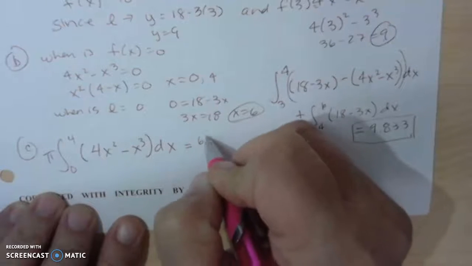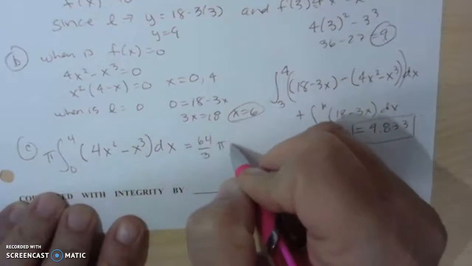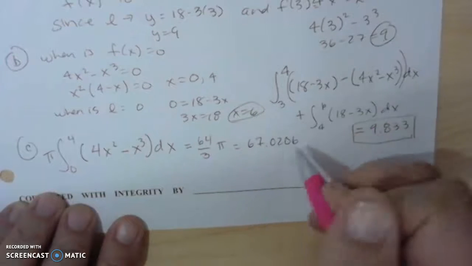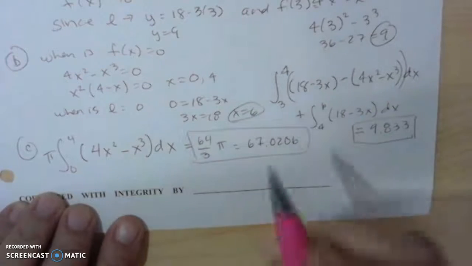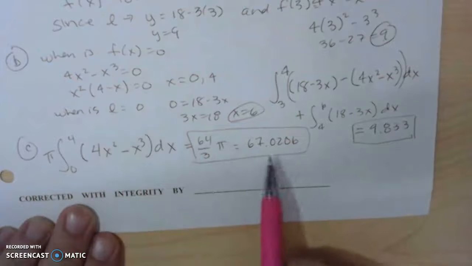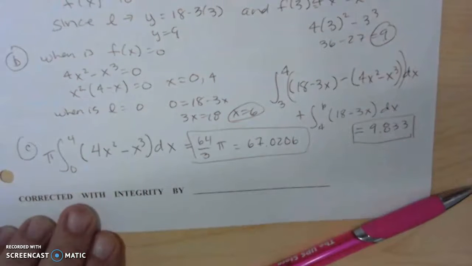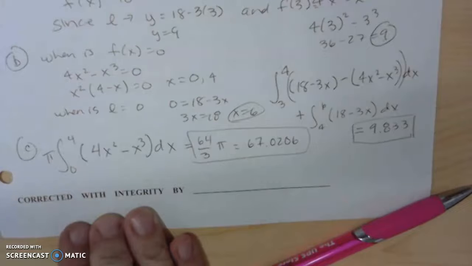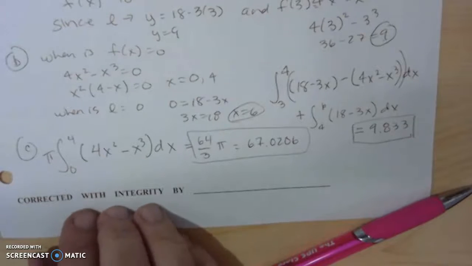And that equals 64 thirds pi, or 67.0206. So this is what you would type into your calculator and see if you get that. So check out worksheet 86 number 3 and see if you are getting the same thing. All right?